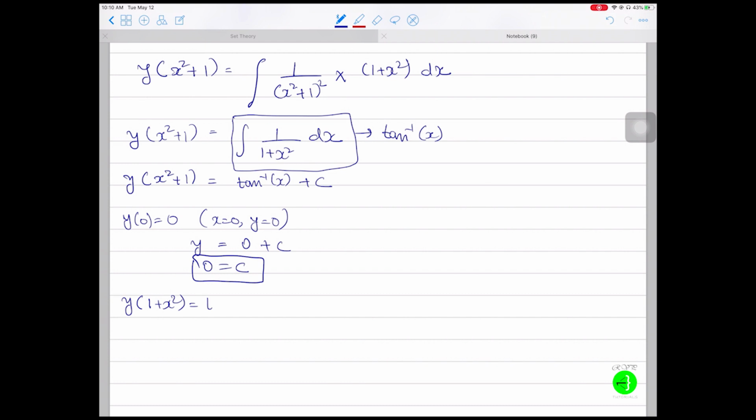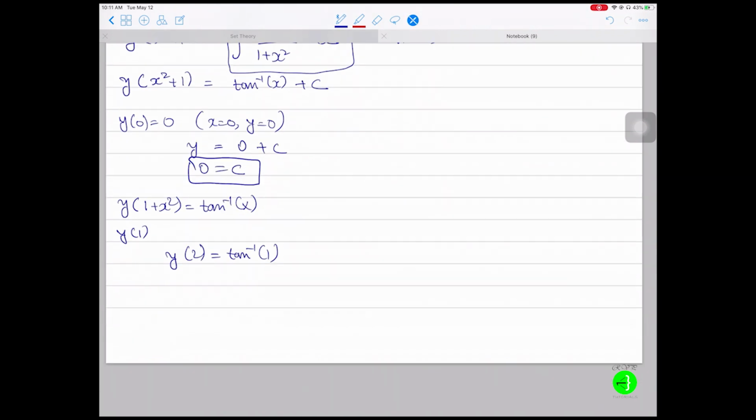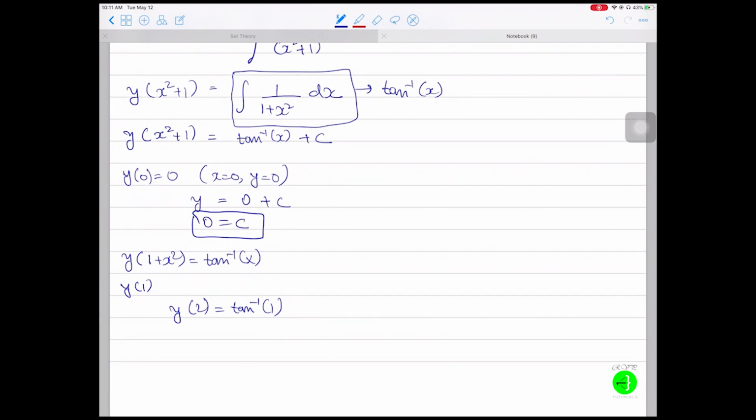Now let's try to find y of 1. Plugging in x equals 1, we have y times 2 equals tan inverse 1, and tan inverse 1 is pi over 4. So 2y equals pi over 4, so y equals pi over 8.